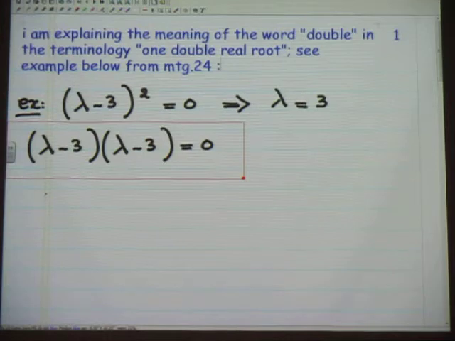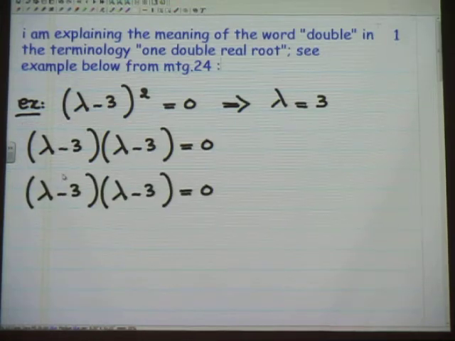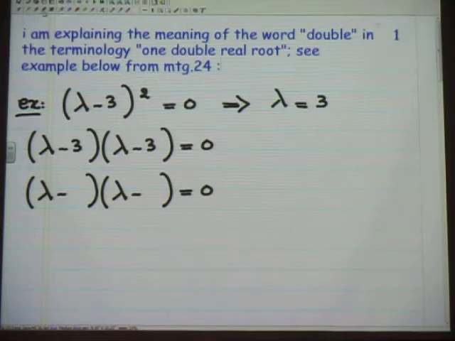In general, suppose that instead of writing like this, I write lambda, but with the subscript 1 and 2, right?